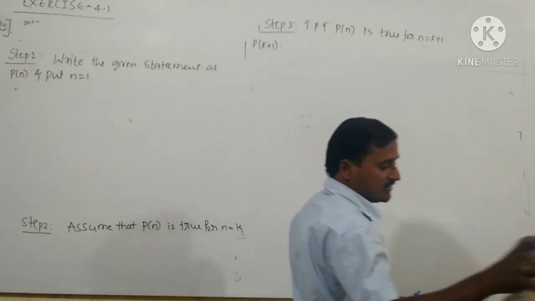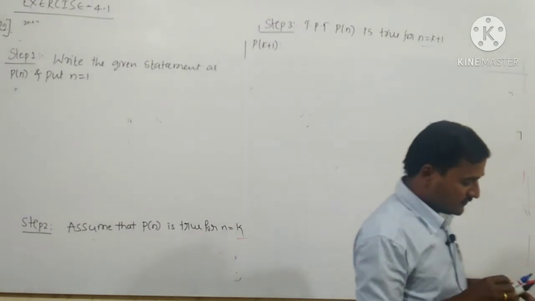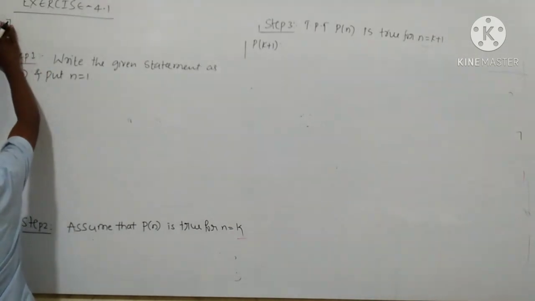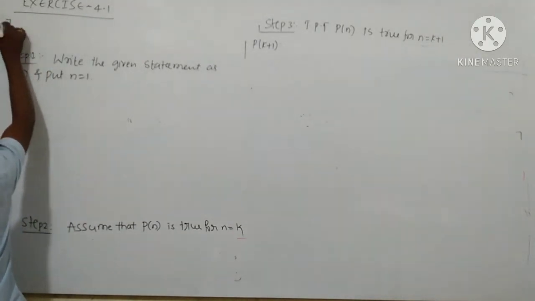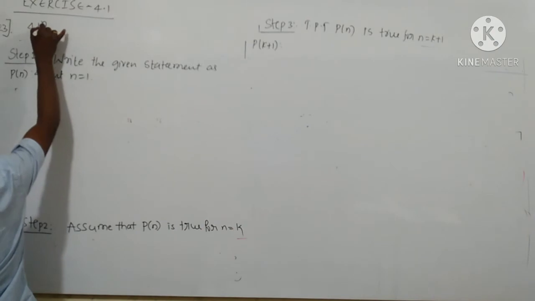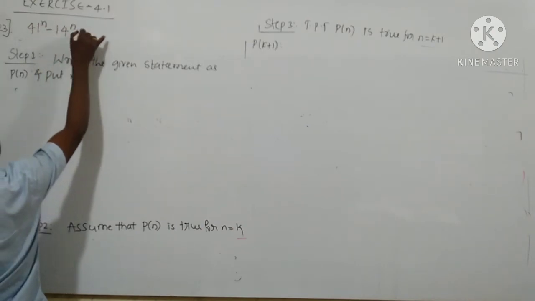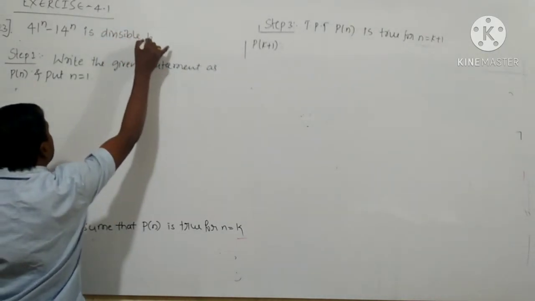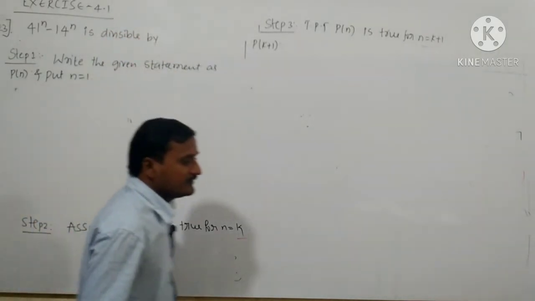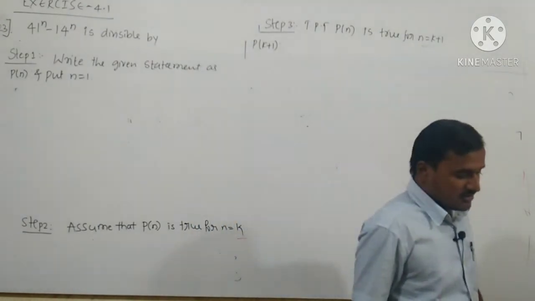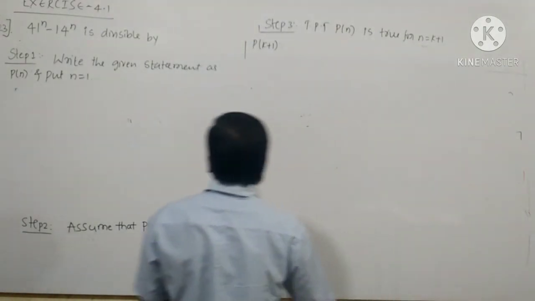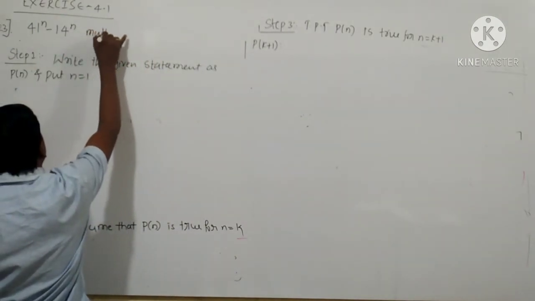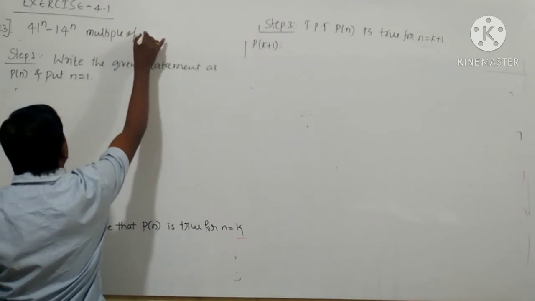Okay, right. It is question number 23. 41 raised to n minus 14 raised to n is divisible by, or sorry, here what they have given, so clearly it is a multiple of 27.